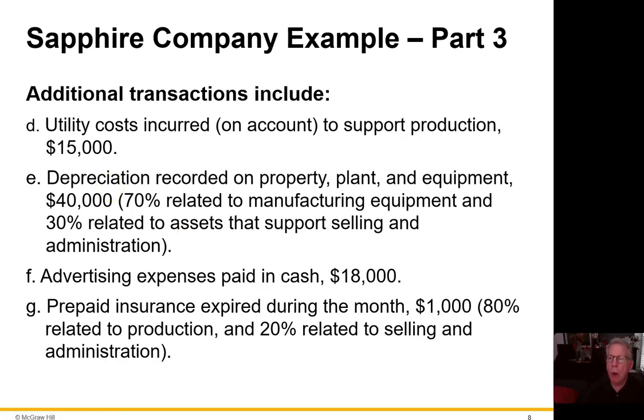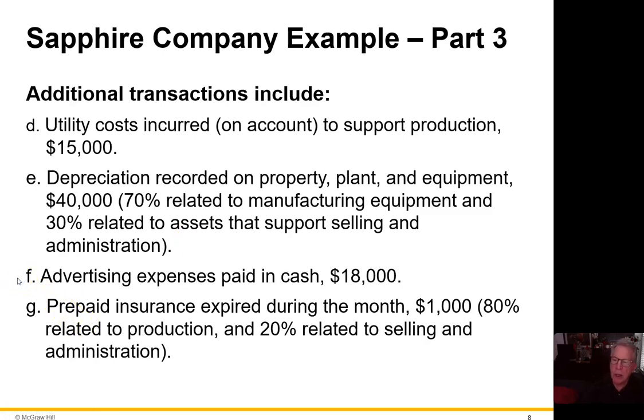Okay, so additional transactions. Delta, we had some utility costs that we incurred on account to support production of $15,000. Echo, depreciation recorded on property, plant, and equipment was $40,000. 70% was related to manufacturing equipment, and 30% related to assets that support selling and administration.